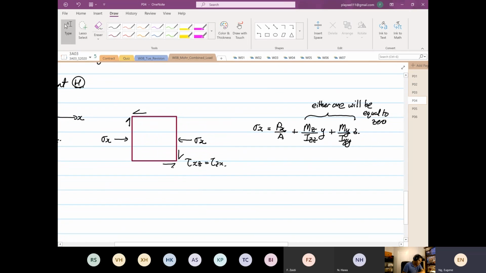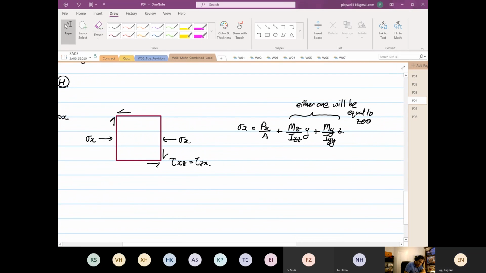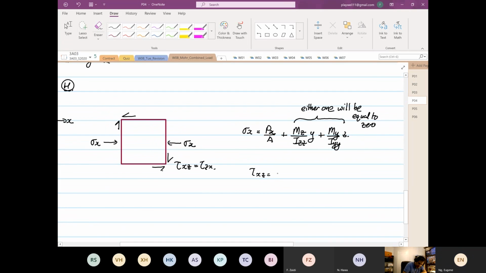Okay, so to calculate this, we know that shear XZ will be equal to the torque in the x direction multiplied by C divided by J.